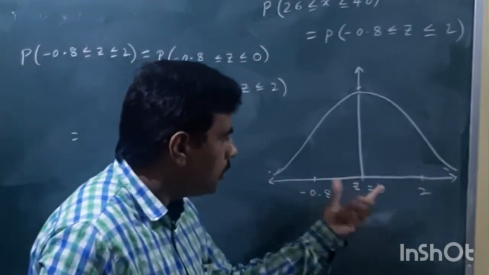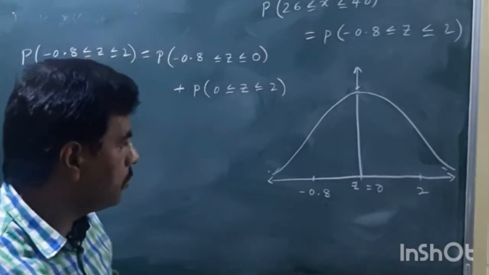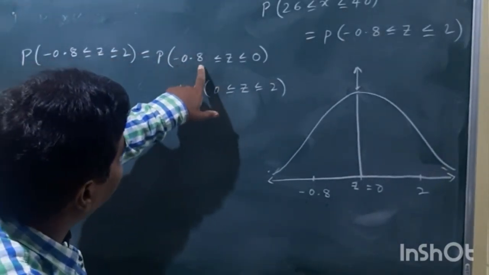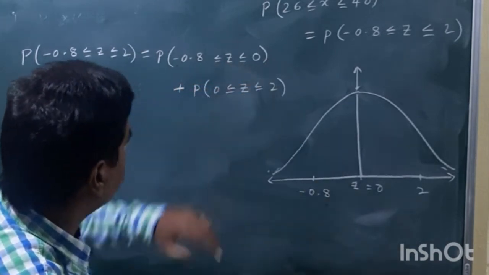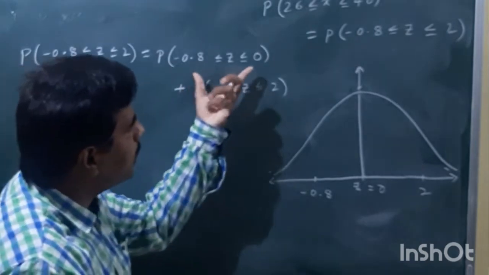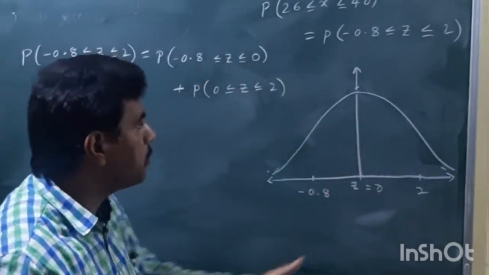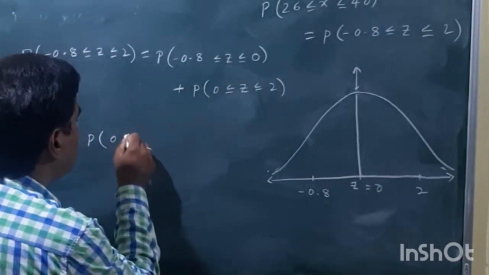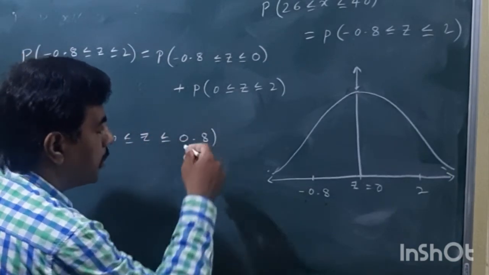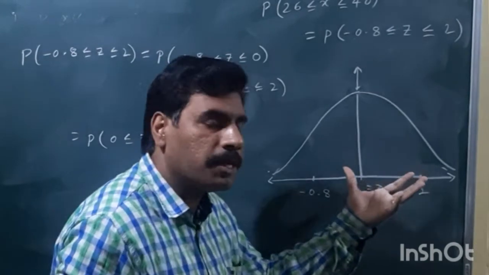But this graph is symmetrical. Therefore instead of minus 0.8 less than or equal to z less than or equal to 0, we can change this interval to the positive side, that is 0 less than or equal to z less than or equal to 0.8. This is because the graph is symmetrical.